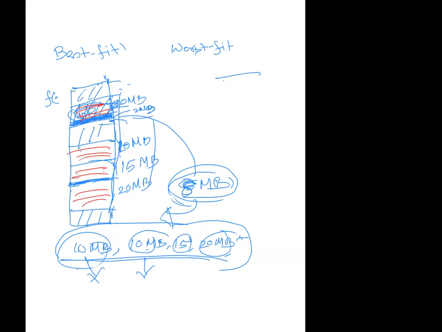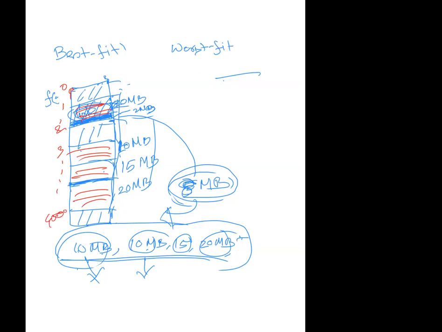Like best fit, the worst fit algorithm also travels the entire address space, the physical address space. Let's say this is from 0, 1, 2, 3, up to 4,000, something like this.